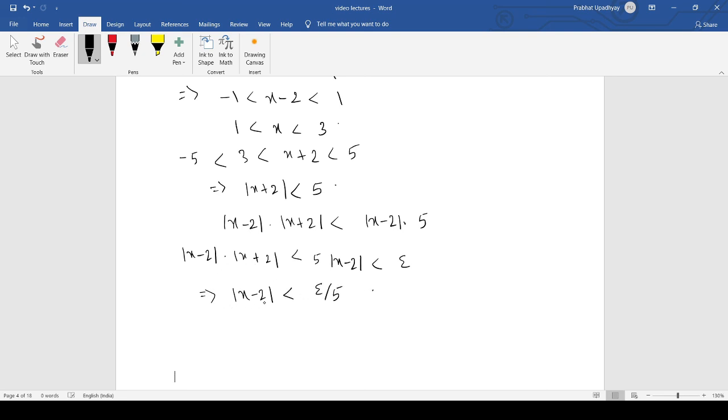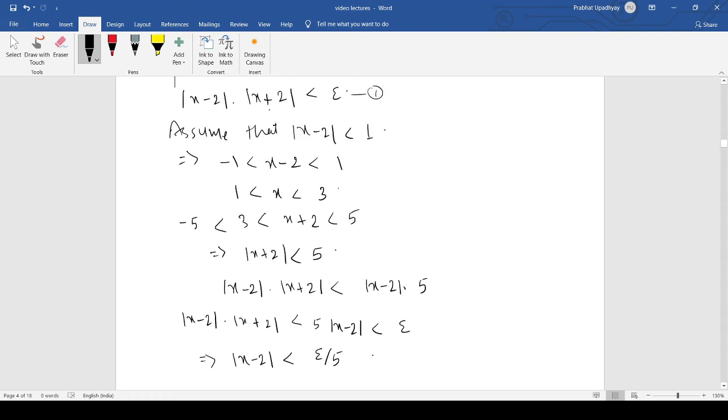So I have got a condition on mod x minus 2 that it is less than epsilon upon 5. Now remember, you got this condition when you assumed that mod x minus 2 is less than 1. So here you have two conditions. One, mod x minus 2 less than 1, and assuming that you got mod x plus 2 is less than 5, and from that you got mod x minus 2 is less than epsilon upon 5.